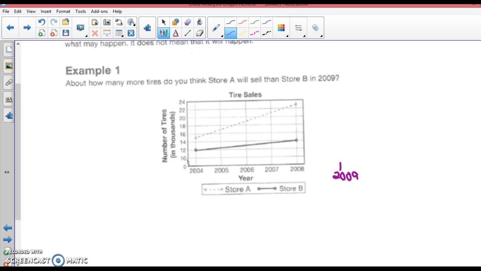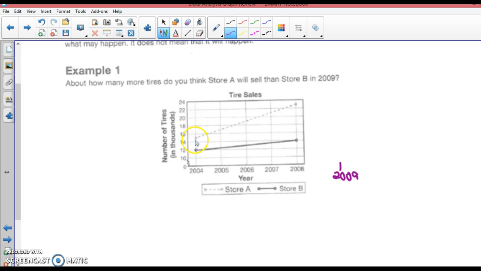But the key here is figuring out what the rate of change is. These are linear graphs. They have what we call a constant rate of change or a constant slope. We're going to learn all about that this year. How much is store A, which is the dashed line, going up every year?